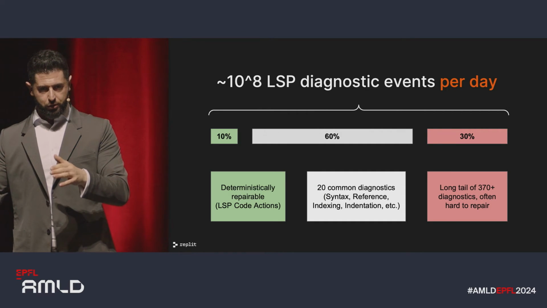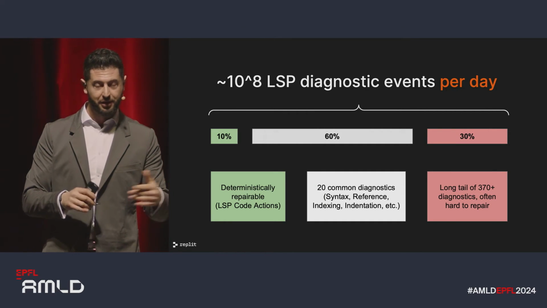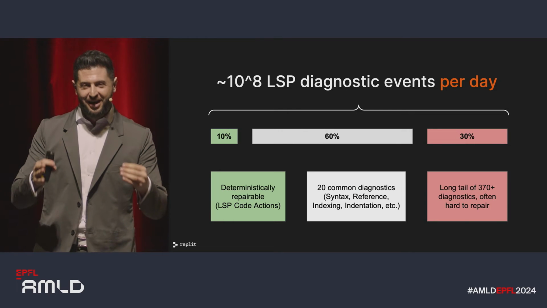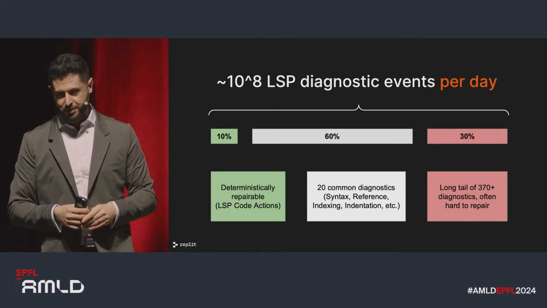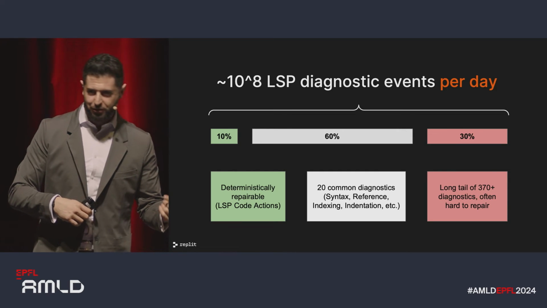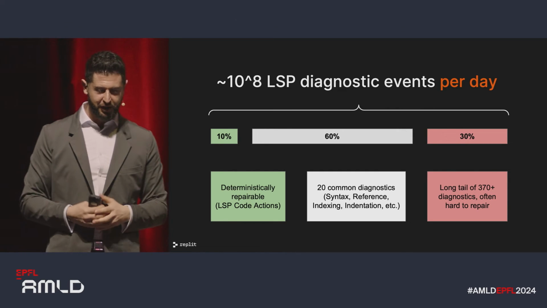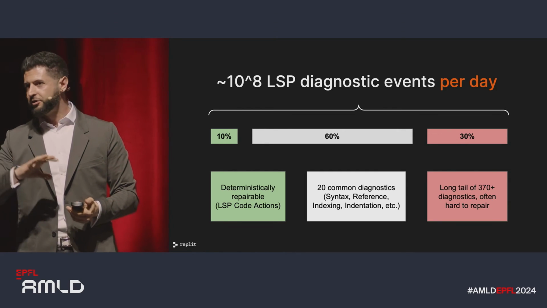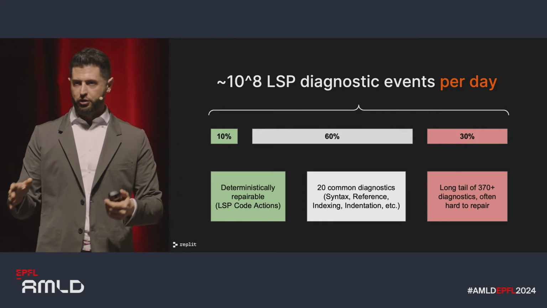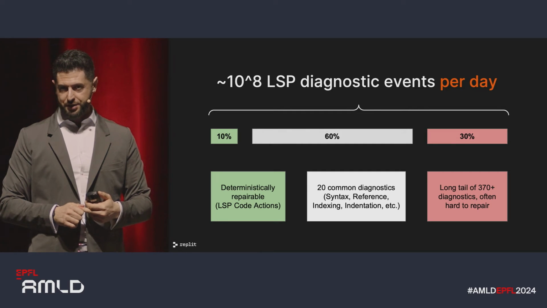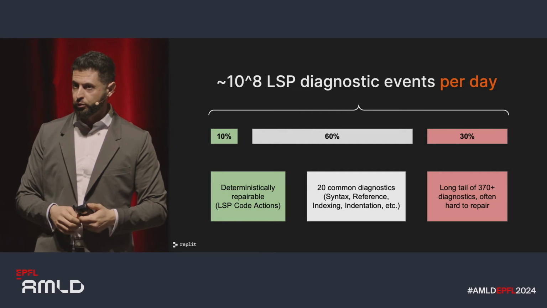For the remaining portion, 60% of them, like any power law phenomena, are due to just 20 common diagnostics, such as syntax errors, reference missing, indexing, indentation, and so forth. And then there is, as always, a long tail, the 30% of the remaining events, which are due to more than 370 diagnostics, which are usually hard to repair.